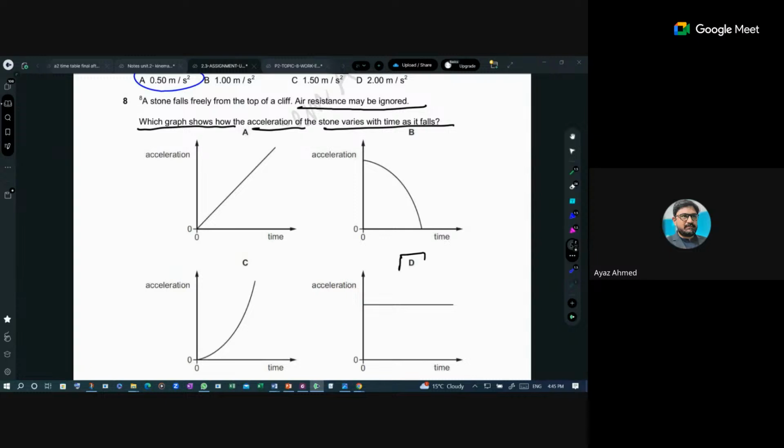Acceleration is constant, because when we drop it and air resistance is ignored, all the time it would have the same acceleration. When air resistance is ignored, acceleration is the same all the time. So this is constant or uniform acceleration, so this would be the right option.